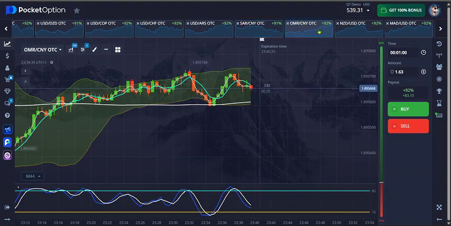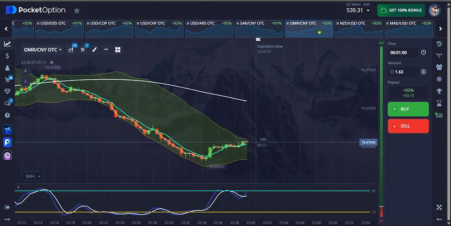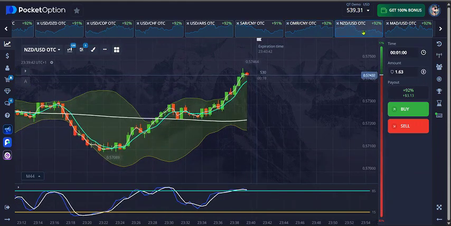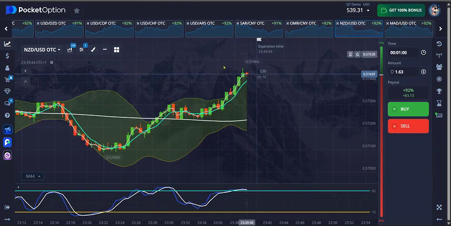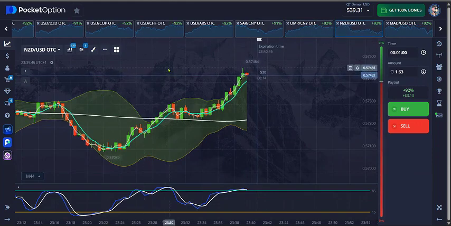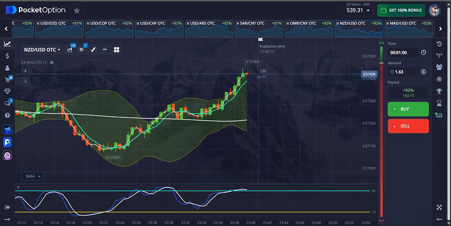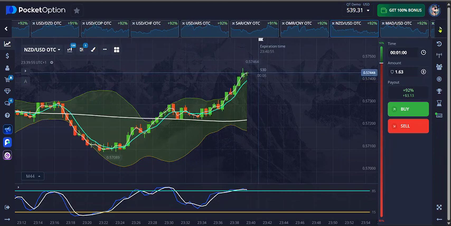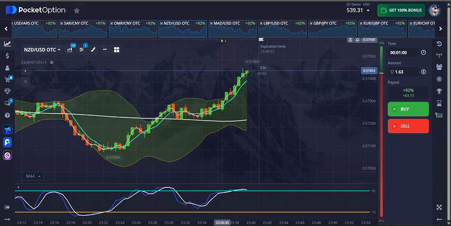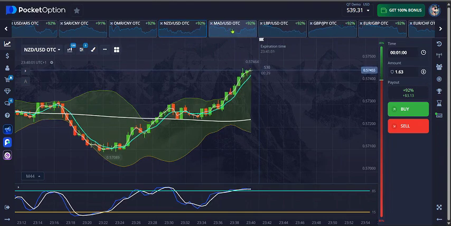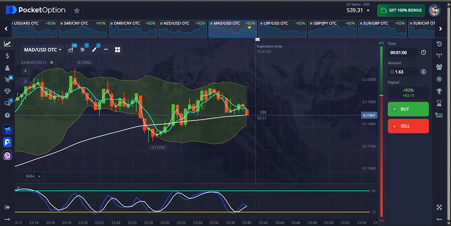We are testing it out, and we have given ourselves a 30-day challenge to see if this trade manager can help us grow our account to at least $5,000 within the next 30 days. If we're able to achieve that, we'll then use it on our live account.